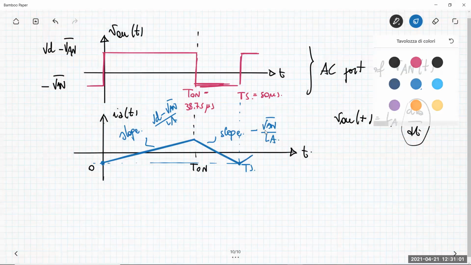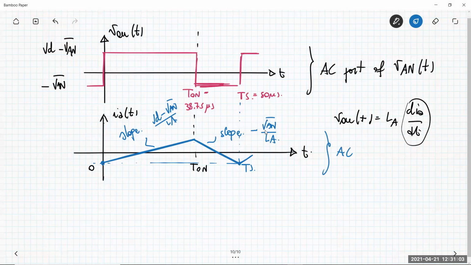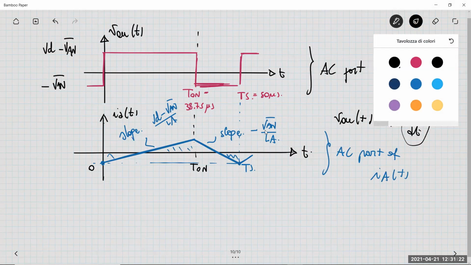This is again the AC part of IA of t. Again, this quantity has no DC component because it is just the AC part. So if you want, this area here should be the same as the area you have here. The ripple is exactly this fluctuation you have in this quantity here.